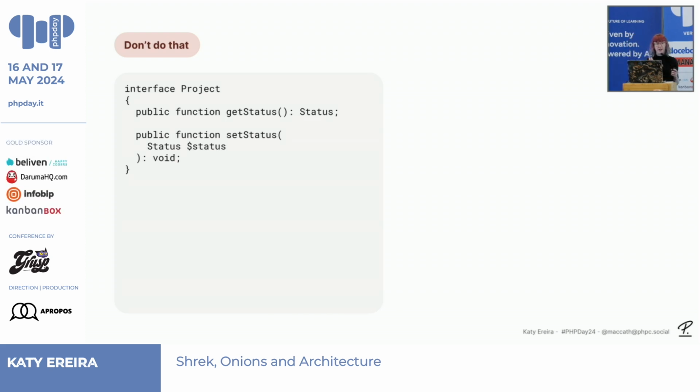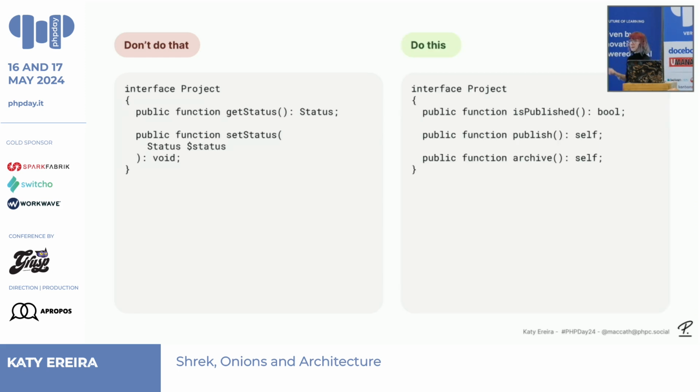And when it comes to entities, remember that entities have a life cycle. They go through different stages and states. In this example, we have a status. Something can be published or archived, for example, but using get status and set status doesn't actually tell us anything about the life cycle of that object. It's better to use functions that explicitly state what the stages are, and this allows us to perform validation.